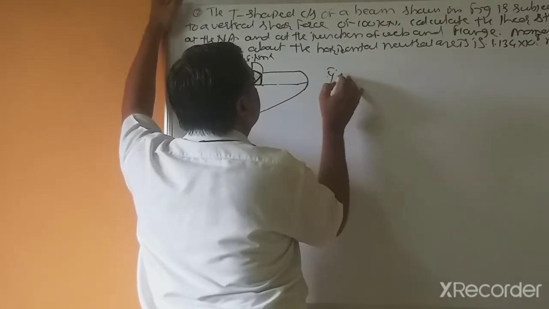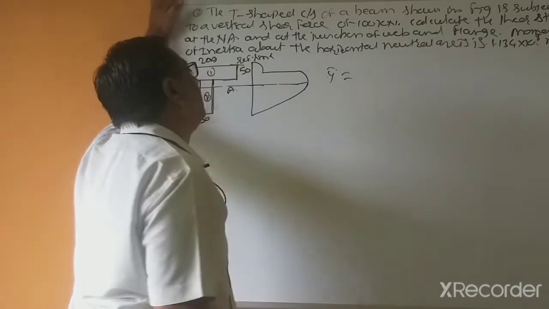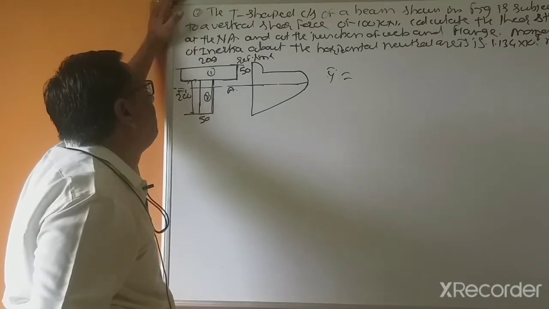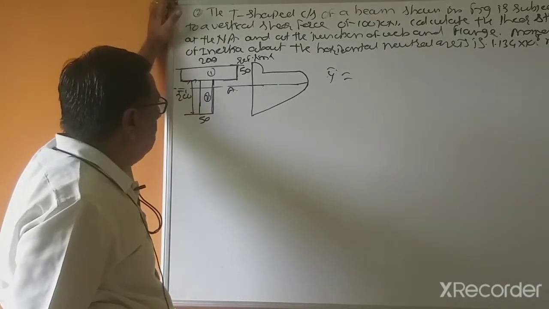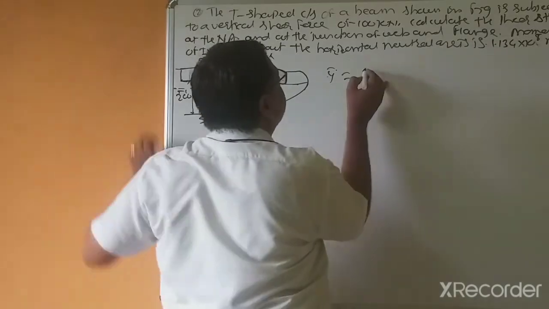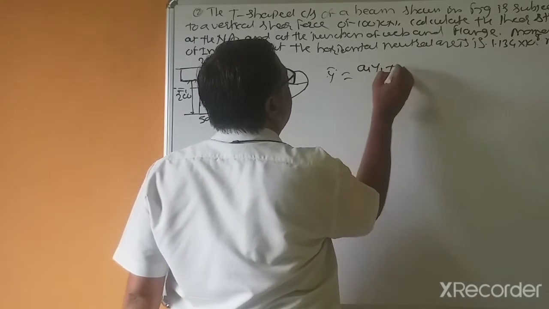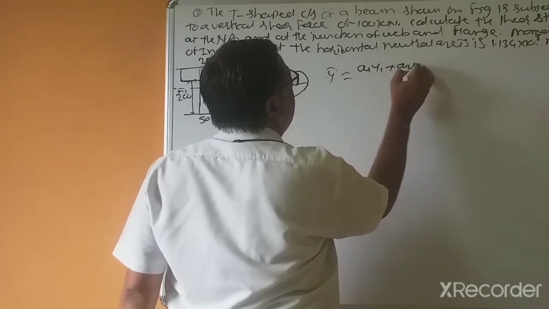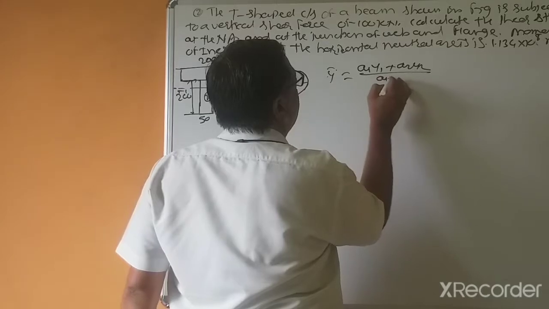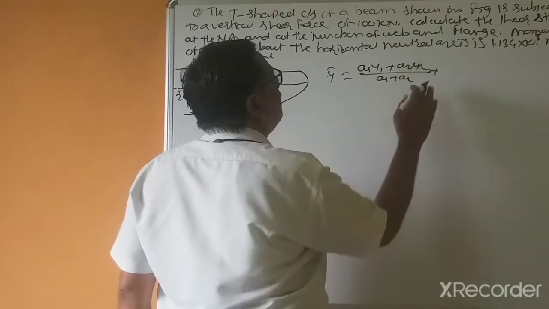So y bar equals (A1 y1 + A2 y2) divided by (A1 + A2).